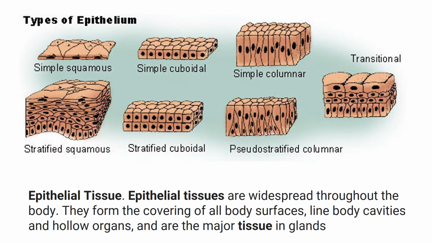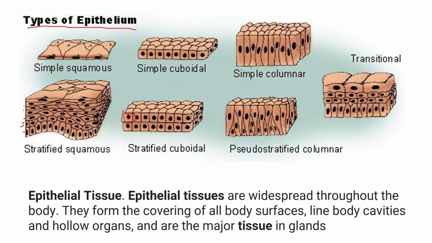Now we have epithelial. I'm not going to get too detailed, but these are the different kinds of epithelial tissues: the simple squamous, simple cuboidal, simple columnar, transitional, and then stratified, where we have different strata, and stratified cuboidal. We call them cuboidal because they're more of a cube shape.